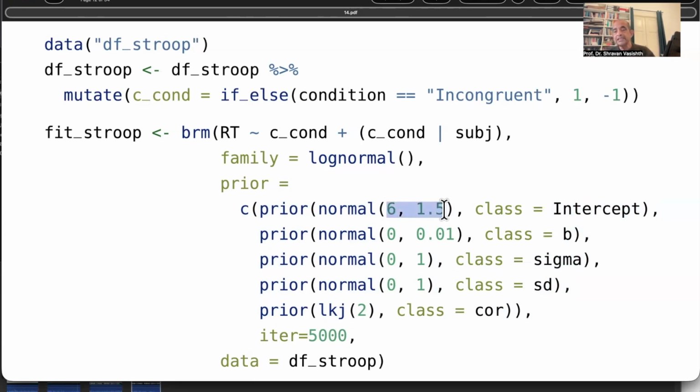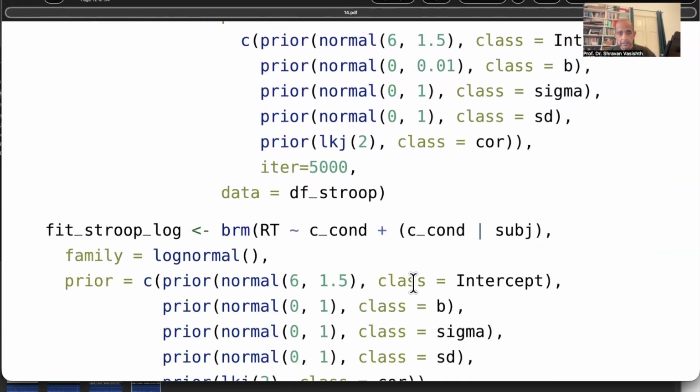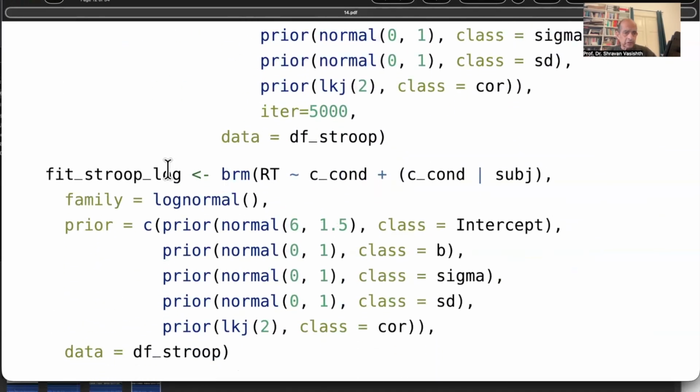That would be an insanely broad prior on the log scale, going from minus infinity to plus infinity. So please be careful when it's a log normal, we are working with priors on the log scale. Okay, so that's the full model with the log normal likelihood. Here we've also fit the null model.